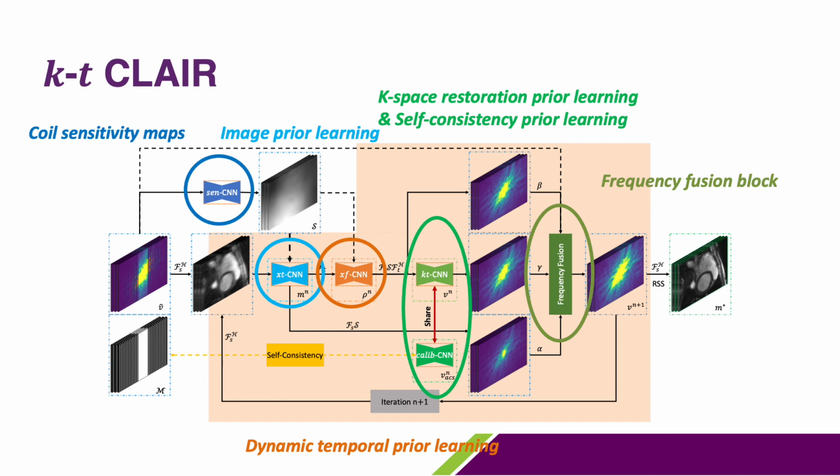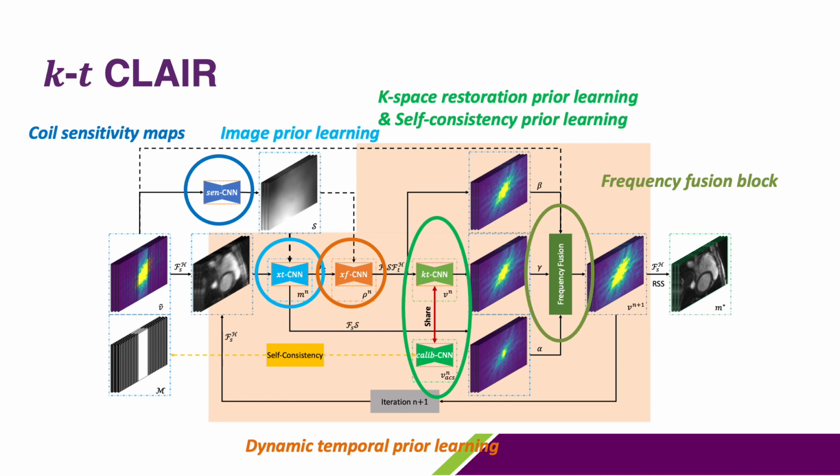At the end of each iteration, a frequency fusion block is utilized to merge the reconstructed results obtained from different prior learning steps. This fusion process leverages the distinct properties of each prior, enhancing the overall reconstruction performance.